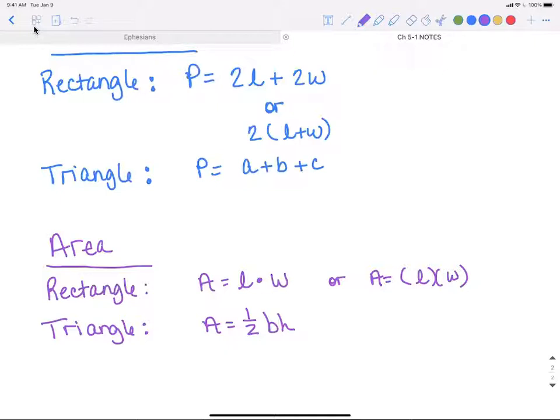It doesn't matter what order you put things in. So when I say area equals length times width, we get used to saying it that way, but it could also be width times length because it does not matter. And same with base and height. Area equals 1/2 height times base. Area equals base times 1/2 times height. It's all multiplication, so it doesn't matter what order you put them in.